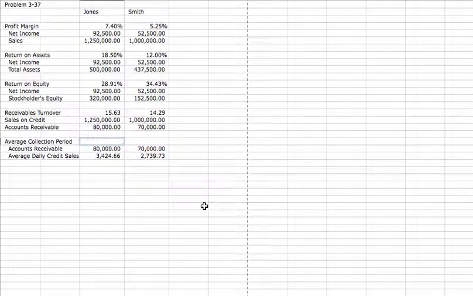Now we can calculate our average collection period, which is going to be accounts receivable divided by average daily credit sales. And you can see our collection period for Jones is a little bit better than our collection period for Smith.